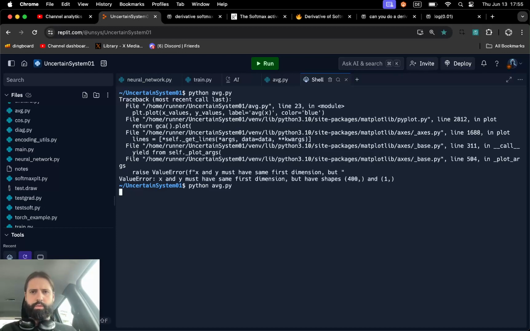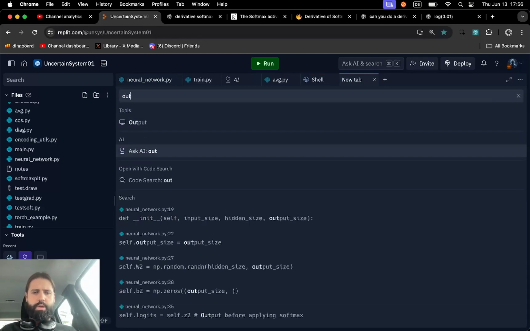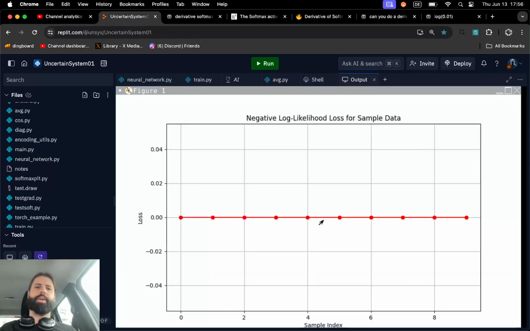Hopefully it works right away. But my guess is that this is going to be very flat. Yes, this is going to be very flat. And that's kind of my theory.